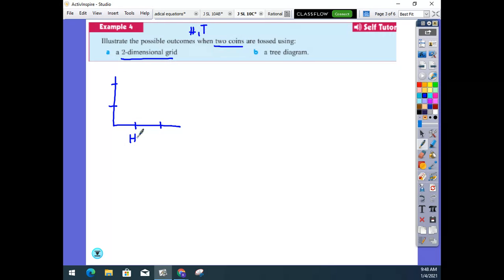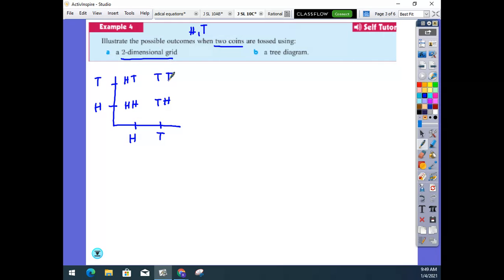So I need to list heads and tails going each direction for the 2-dimensional grid. So this would be head, head. This would be tail, head. This would be head, tail. And this would be tail, tail. So a grid is another way to show all different outcomes.